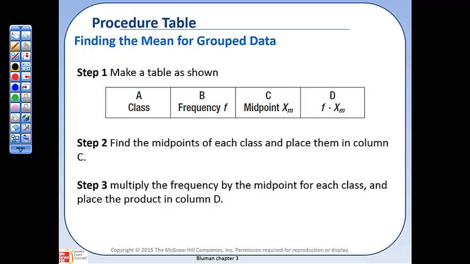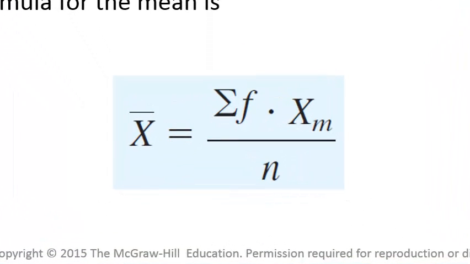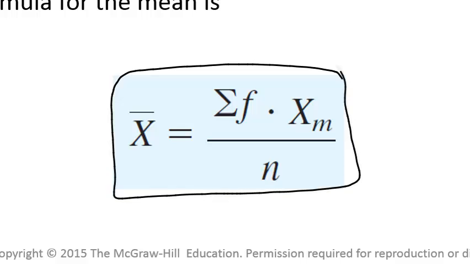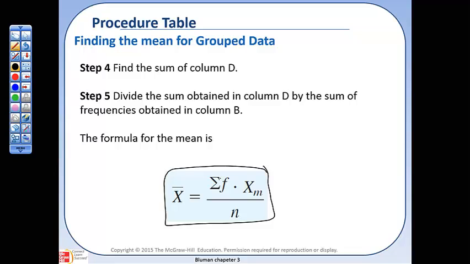We'll fill in these last two columns. And then what we do is we sum up the last column and divide by our n, which is the total frequency. This is the formula that we use, which says the sum of the frequency times the midpoint divided by the total number there is.